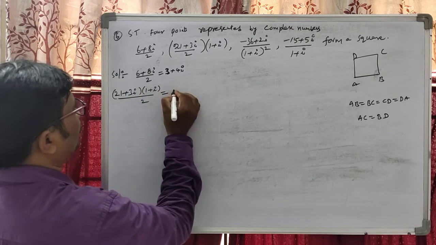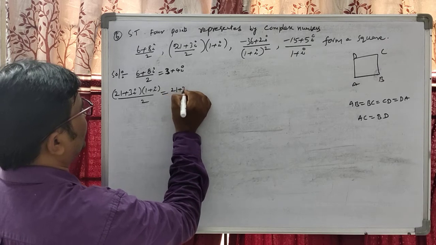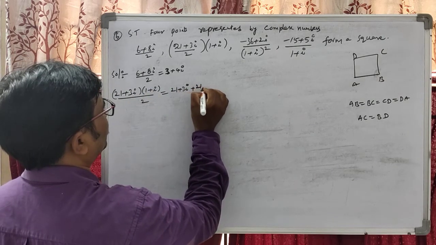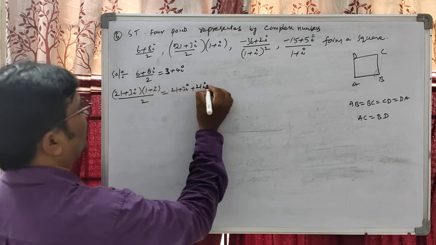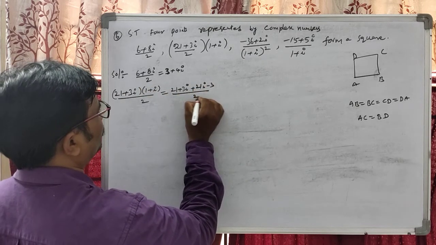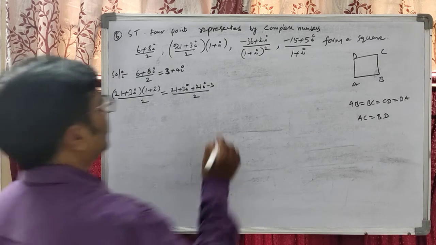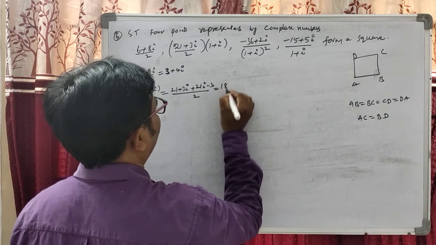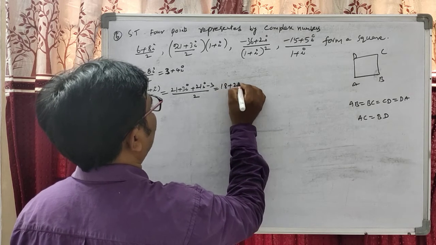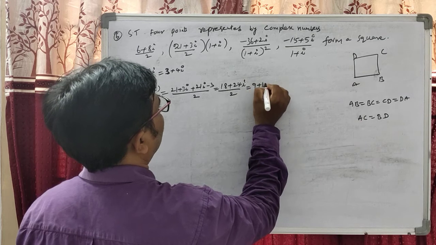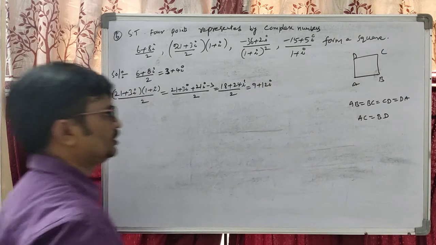First we multiply with 1: 21 plus 3i. Now this is 21i minus 3 upon 2. So 21 minus 3 is 18, and this is 24i by 2. That is 9 plus 12i.